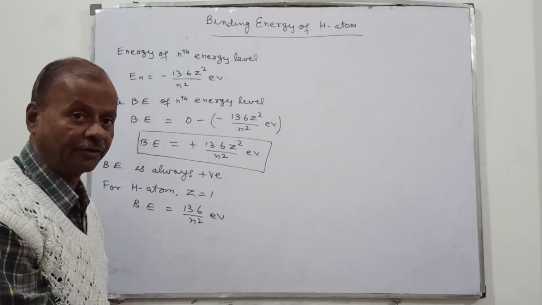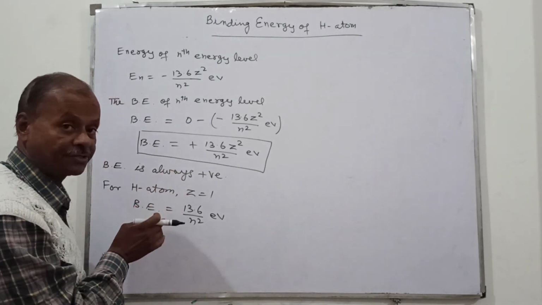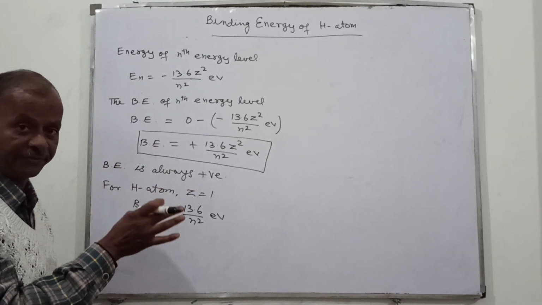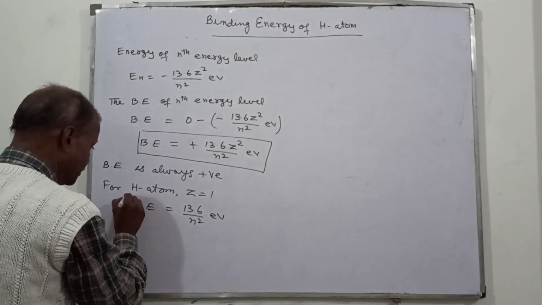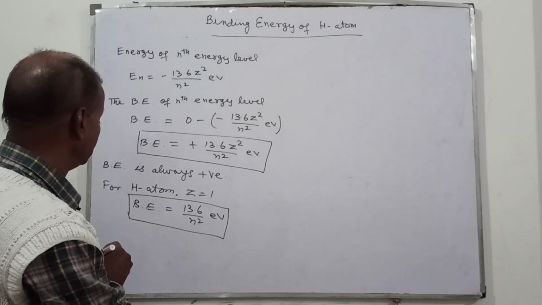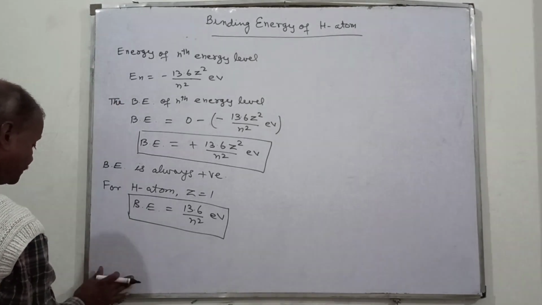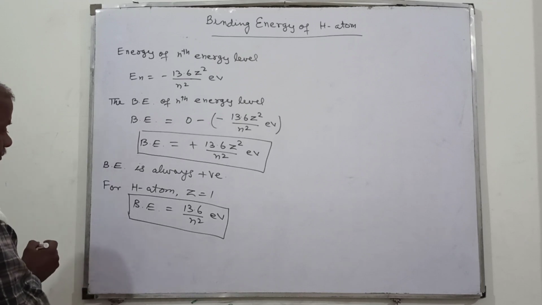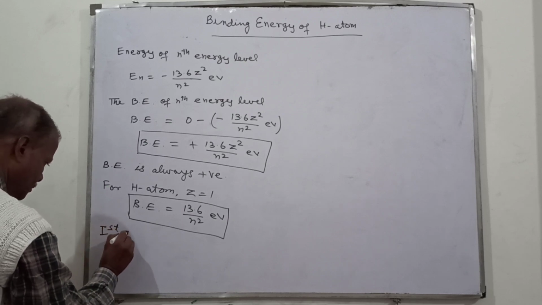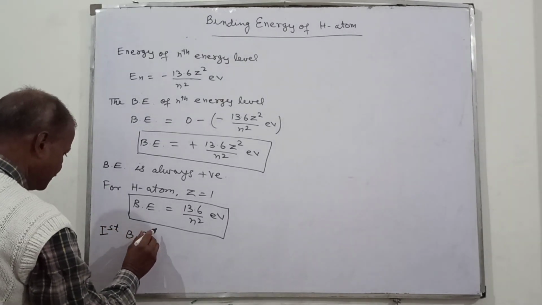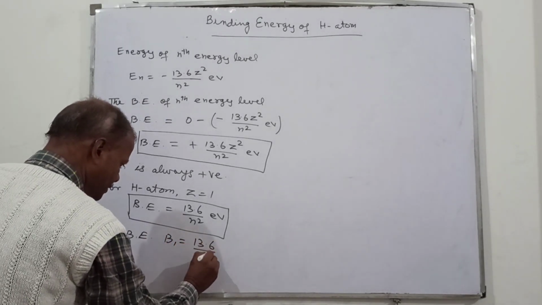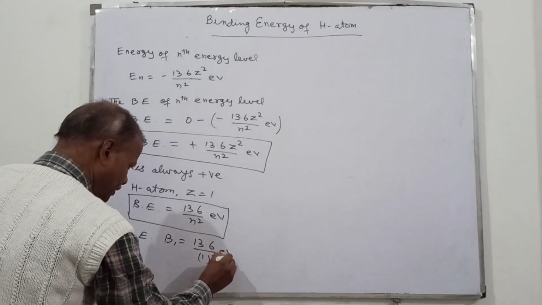Now if the electron is found in the first energy state, then this will be 13.6 electron volt. If it is found in the second energy state, then it will be something different. So first, the binding energy B1 equals 13.6 upon 1 square electron volt.